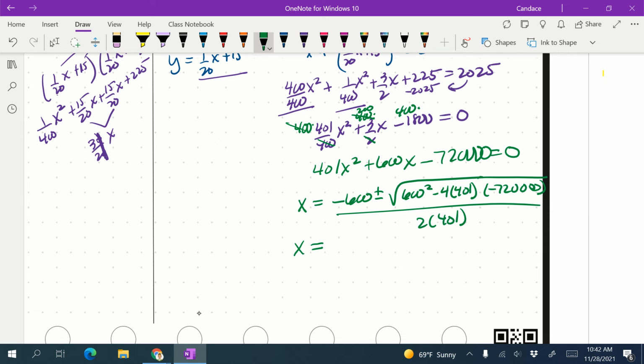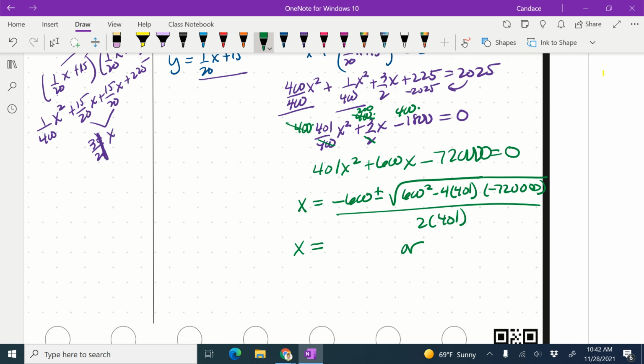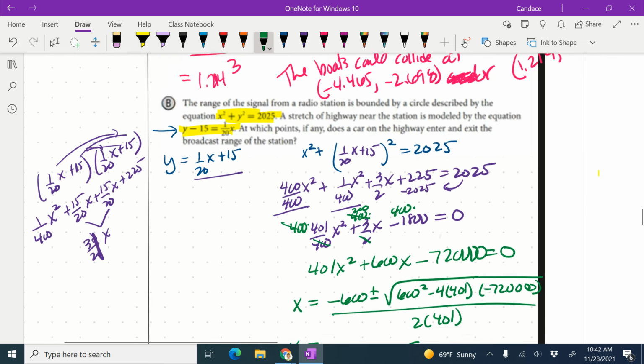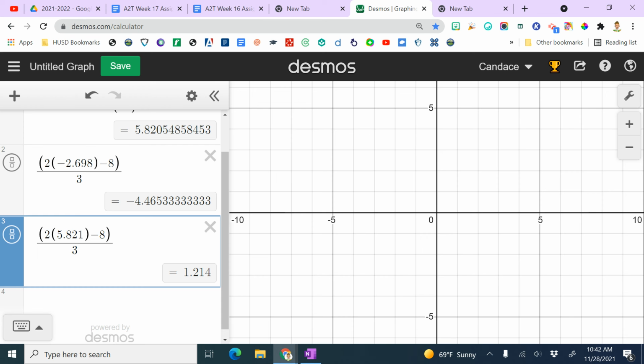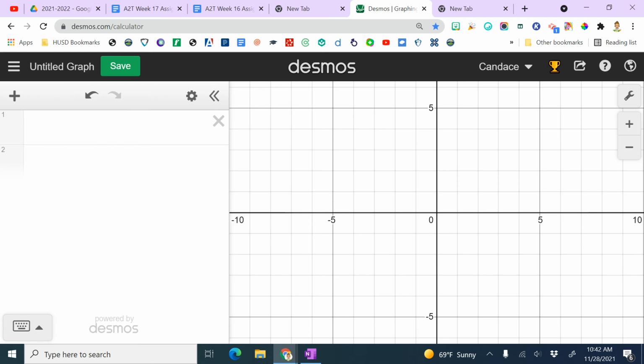So now we're going to let our Desmos or our calculator do the work for us. So we're going to put that in. And I think it's saying round to the nearest hundredth. We typically round 3 decimal places, so we usually go to the thousandth. Your book might be going to the hundredth. All right, so let's get this into Desmos here. So I'm going to start with some parentheses so I can do a denominator. So I've got negative 600. Let's just do the plus first. So plus the square root of 600 squared.